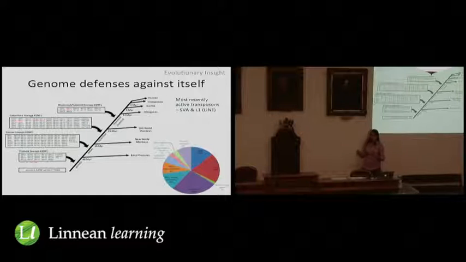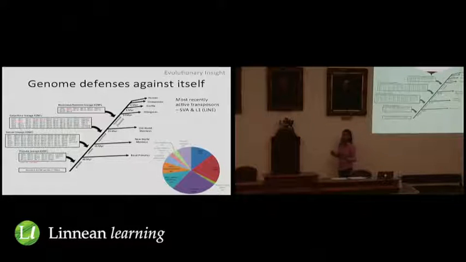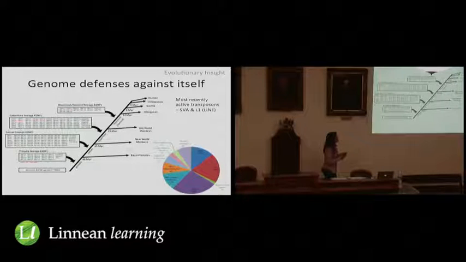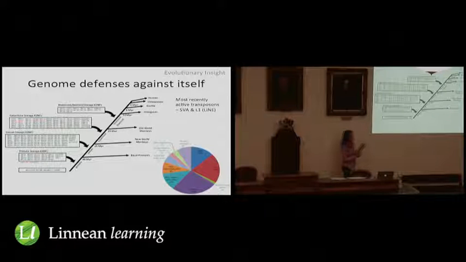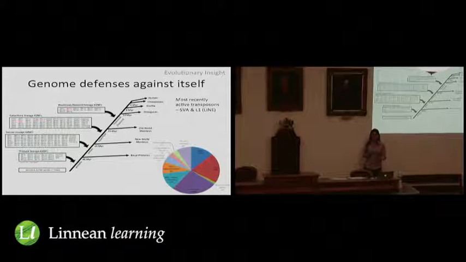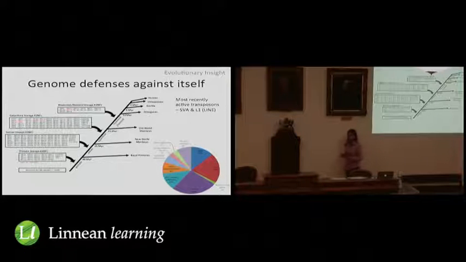You insert a chromosome that contains these genes into a mouse cell, you infect it with these particular retrotransposons, and what they found was that the zinc finger proteins stop the transposons from jumping about. If you infect the mouse cell with just the transposons, they still jump about. So it's definitely these genes that are stopping these things from happening.